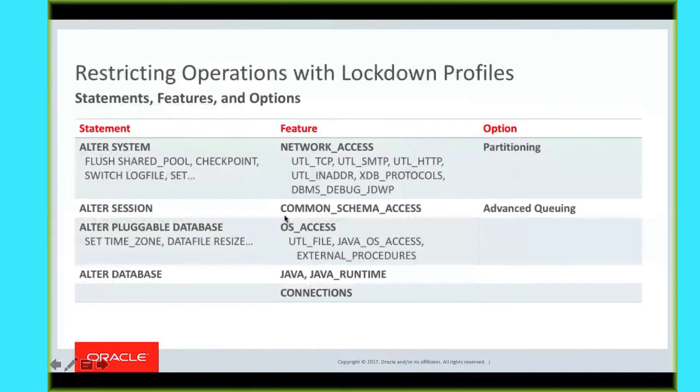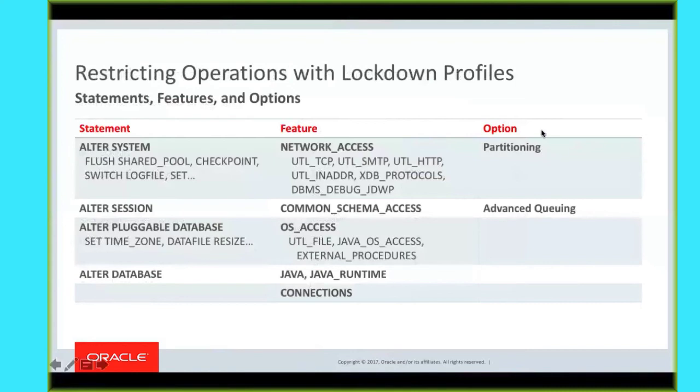And again, if you are working on a really restricted database development or testing side, you may want to just restrict network access in your PDB, and you can just disable this whole network access feature. Again, you can disable common schema access, OS access, Java runtime, and connections, again, using lockdown profiles.